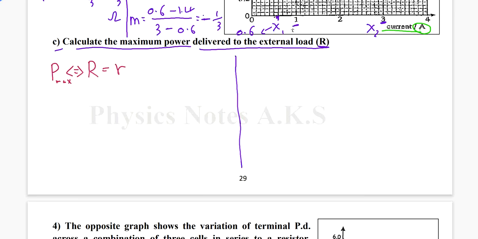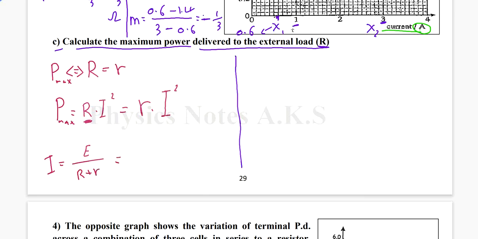So I can find the maximum power by P max. I know the formula is resistance multiplied by I squared. So instead of R, I'm going to use the internal resistance r multiplied by I squared, whereas I is the electric current. But we have to remember something that I know from before: I equals electromotive force over external resistance plus internal.